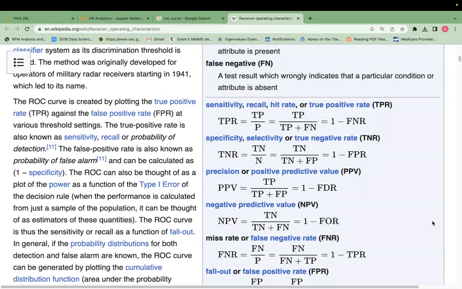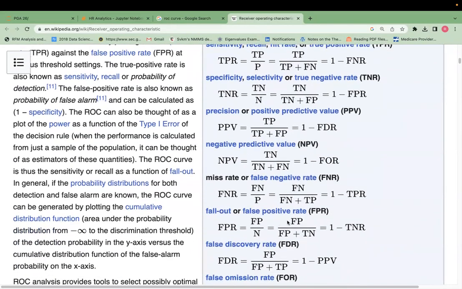False positive rate is false positive by false positive plus true negative, opposite to TPR. In TPR, we take TP by TP plus FN. In false positive rate, FP by FP plus TN. So using this true positive rate and false positive rate, it will plot the ROC curve.